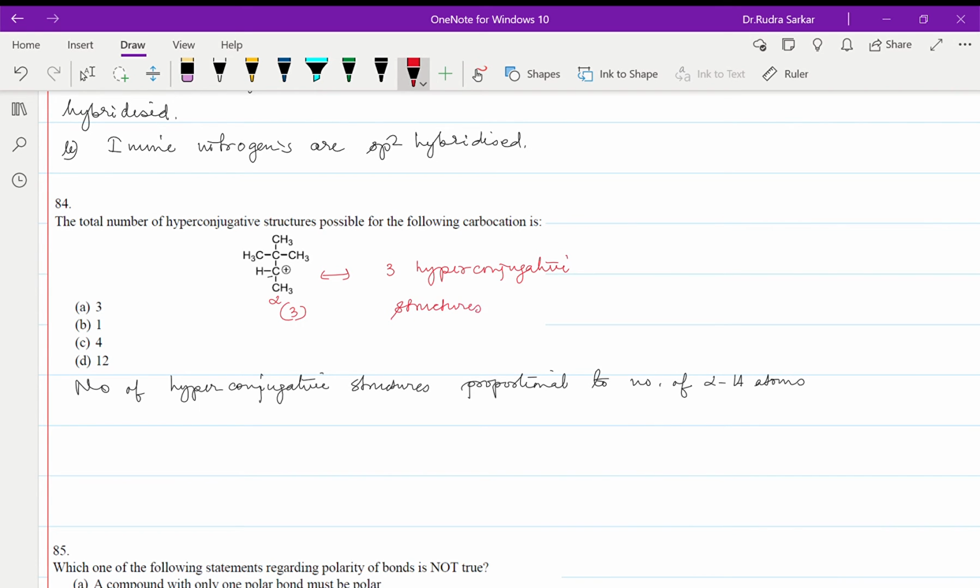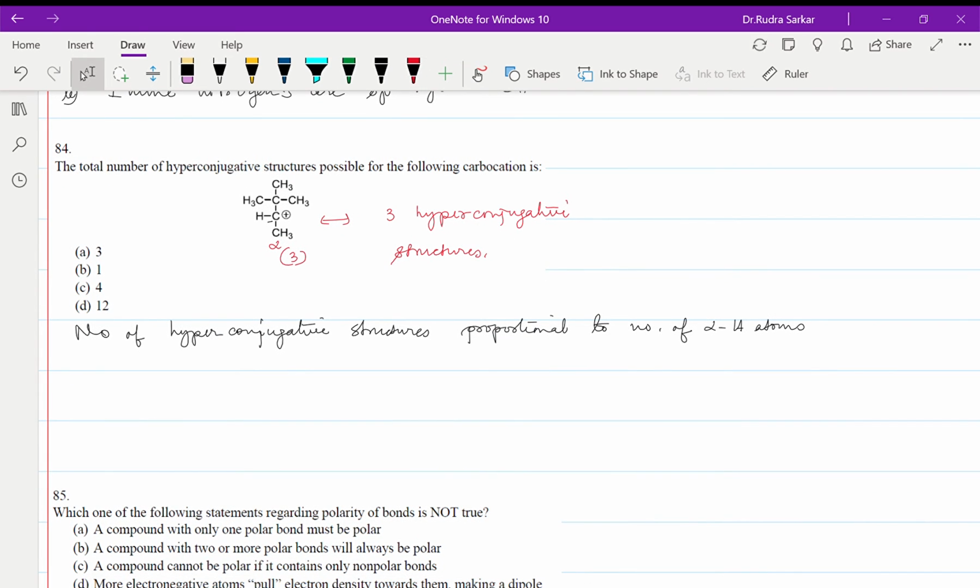So simply counting the number of hydrogen atoms on the carbon next to the carbon having positive charge, we can predict how many hyperconjugated structures are going to be formed. And so our answer over here is going to be 3.